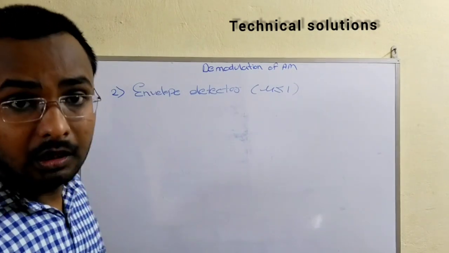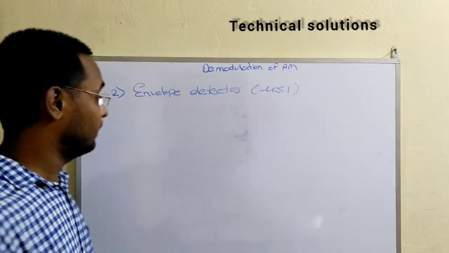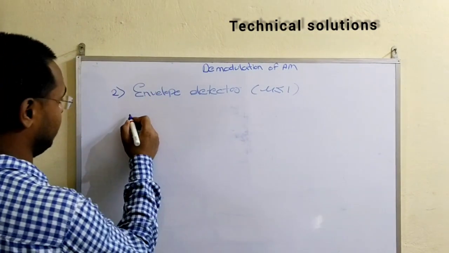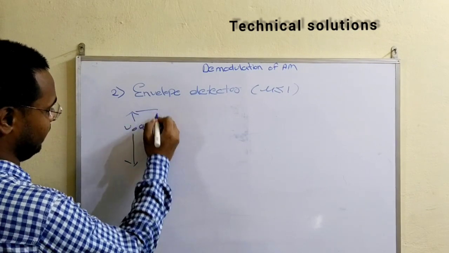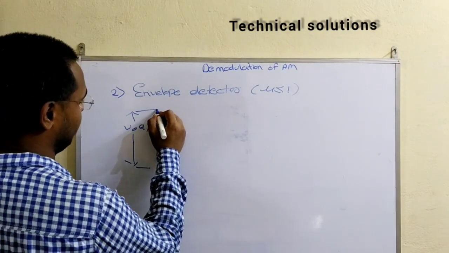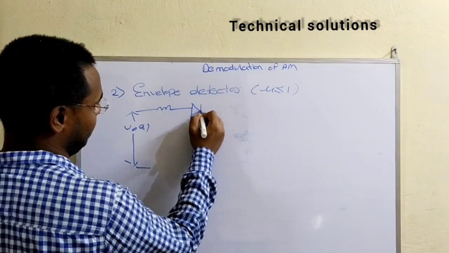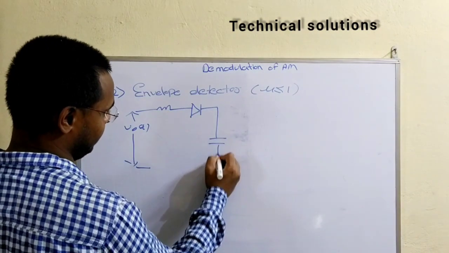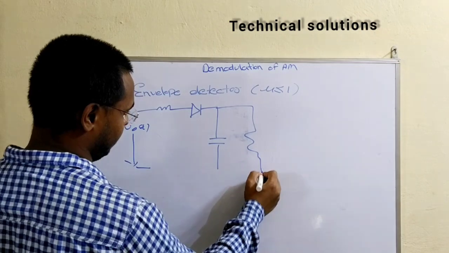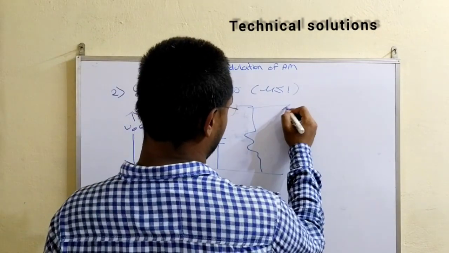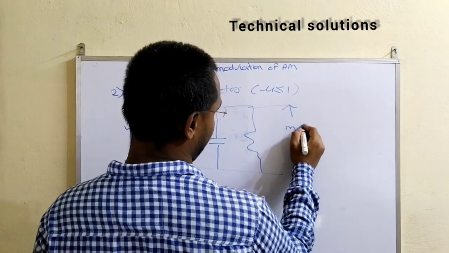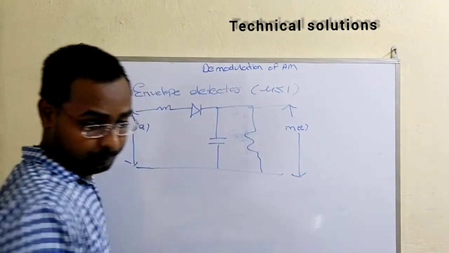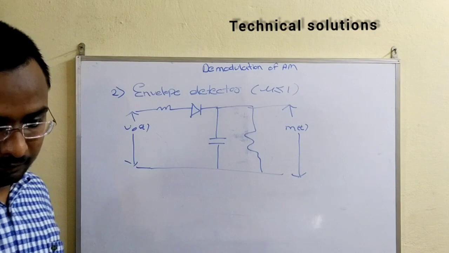The circuit diagram of this envelope detector is here. Our output signal is V0(t). We use one diode and another resistance, and this is our message signal m(t).